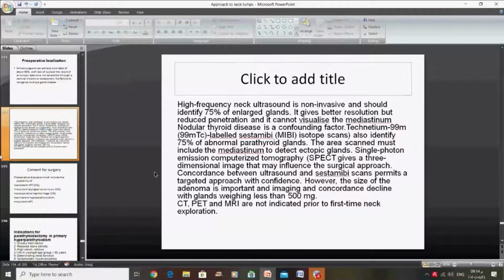Technetium-99m labelled sestamibi isotope scans are also important for diagnosing abnormal parathyroid glands, especially those presenting in the mediastinum. Single photon emission CT gives a three-dimensional image, in addition to MRI.